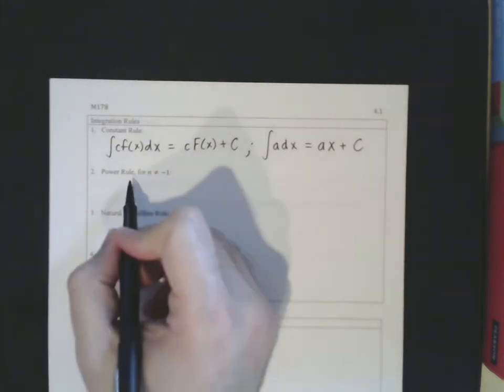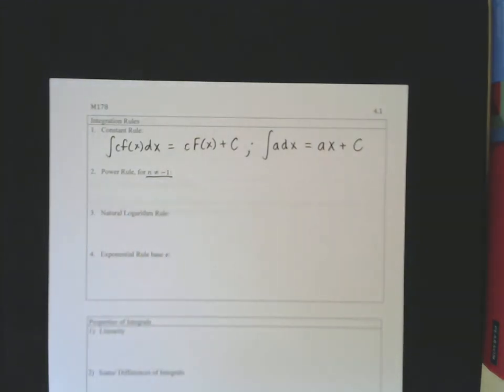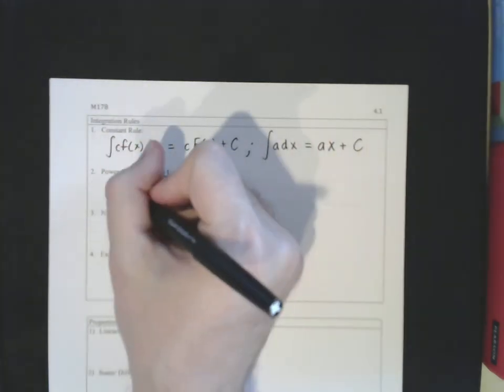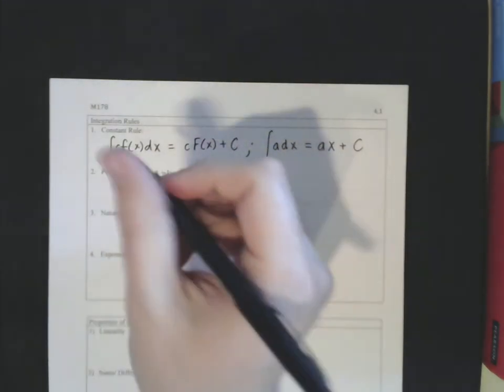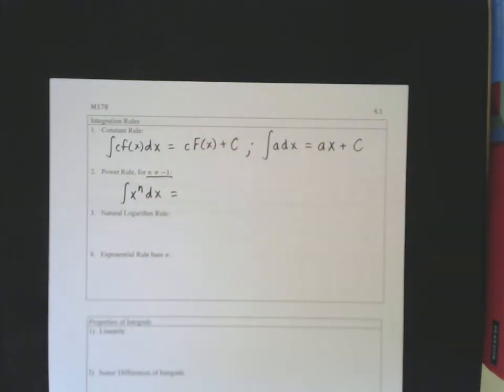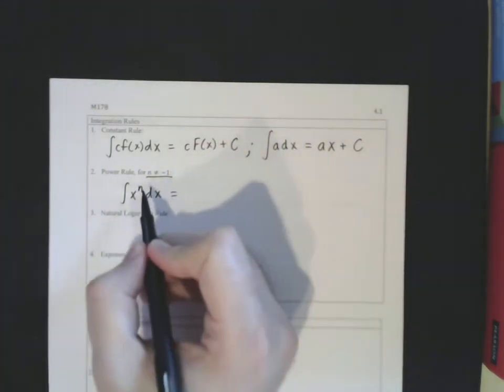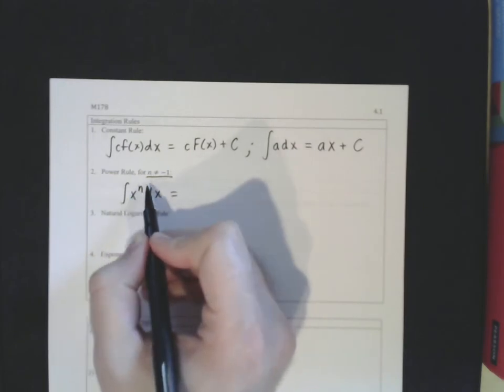The next rule is the power rule of integration. Notice we do have a requirement here, n is not -1. Then the integral of x to the n dx. If we think about what our power rule for the derivative was, it was bring n down and multiply by n and raise it to n minus 1.